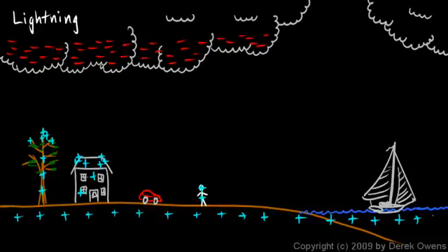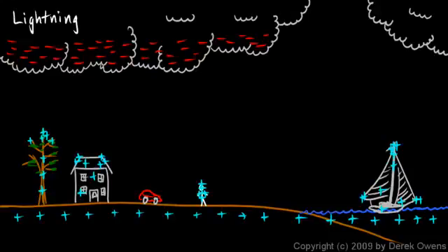Electrons are repelled through the water, and the boat becomes positively charged, and the tip of the mast up here in particular becomes very strongly charged, all the little pointy parts. And if you're out in open land, this is a large flat area, and you are the one thing sticking up. You are essentially the pointy thing, and a large positive charge will develop on you. Anything sticking up relative to its surroundings will be more strongly charged.